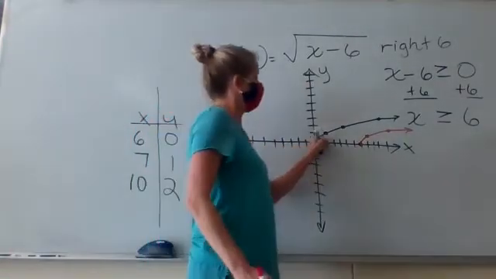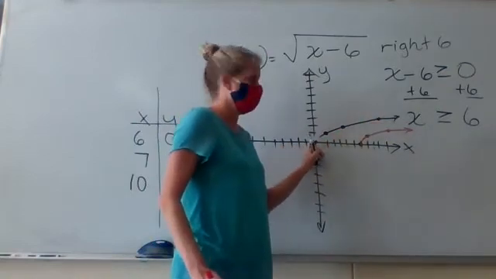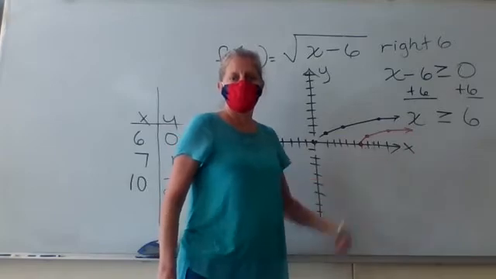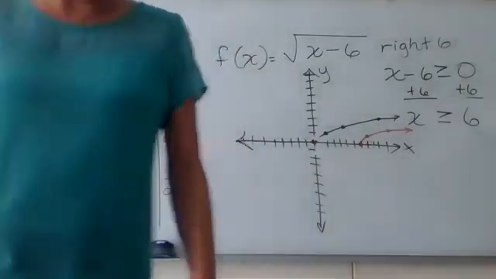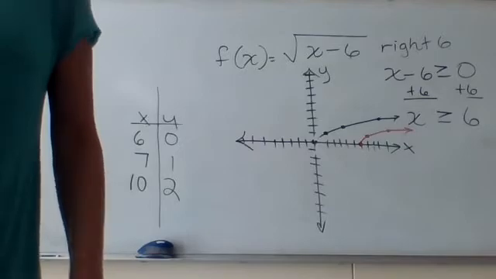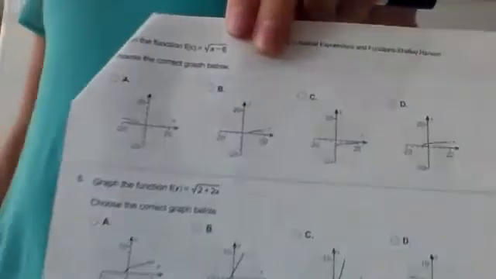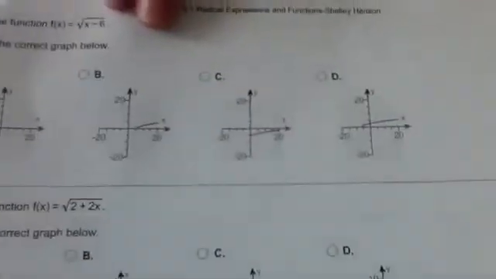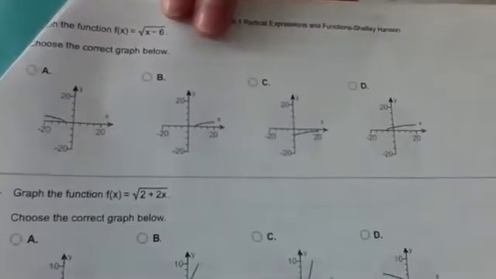It moved this shape to the right 6. So again, this is multiple choice. If you knew your transformation rule, there's only one of those graphs that had traveled to the right 6, correct? All the other ones did something else.